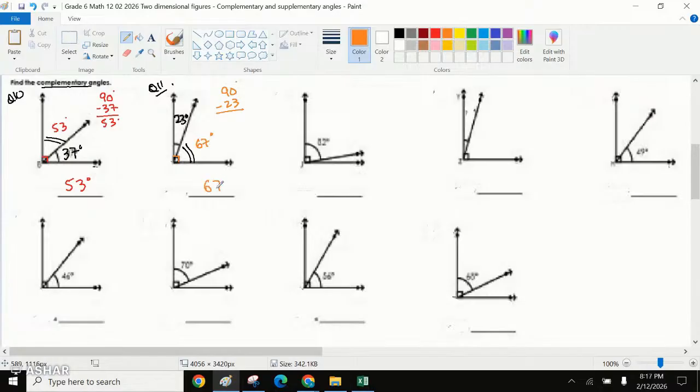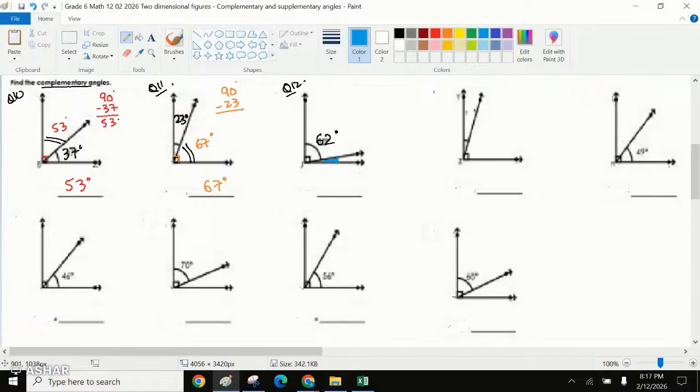Okay, thank you. What about question number 12? If this was given as 62, then the missing angle should be? If the given angle is 62, what should be the missing angle?